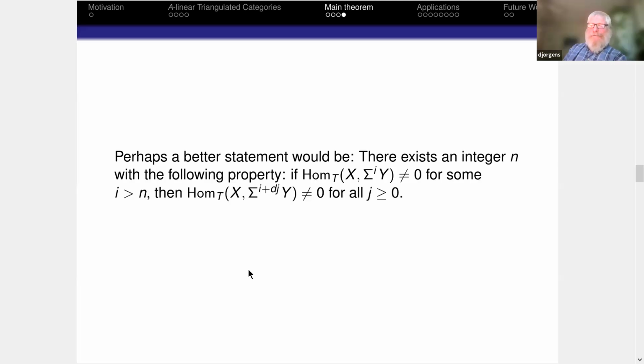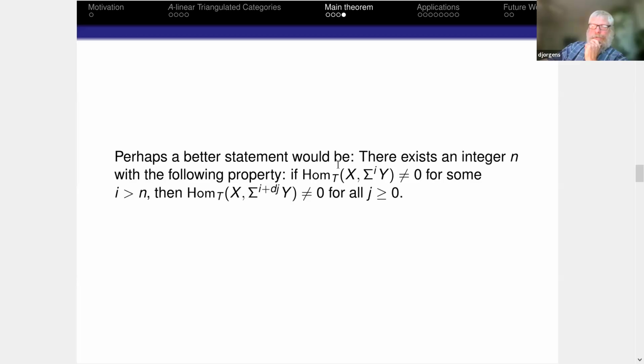Perhaps a better statement of the theorem would be that there exists an integer n with the following property. If the Hom from X to shift iY is non-zero for some i greater than this integer n, then in fact all of the Homs of that parity have to be non-zero beyond that n.